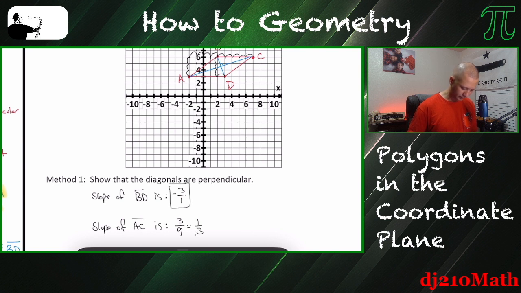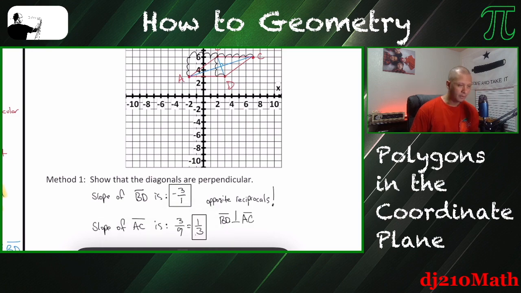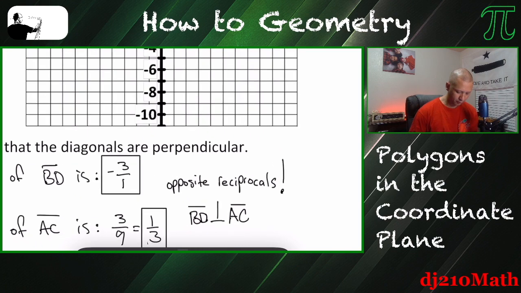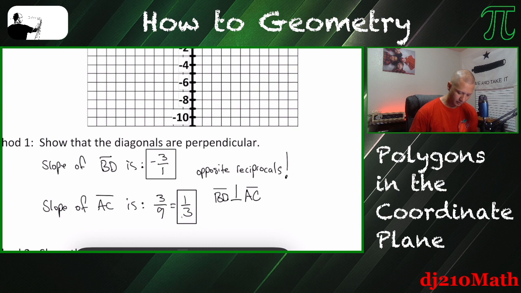So then we do a quick little analysis of the numbers. All right, we're always analyzing. And we see that, are they opposite reciprocals? Yes, they are. So this means segment BD is perpendicular to AC. Therefore, ABCD is a rhombus.